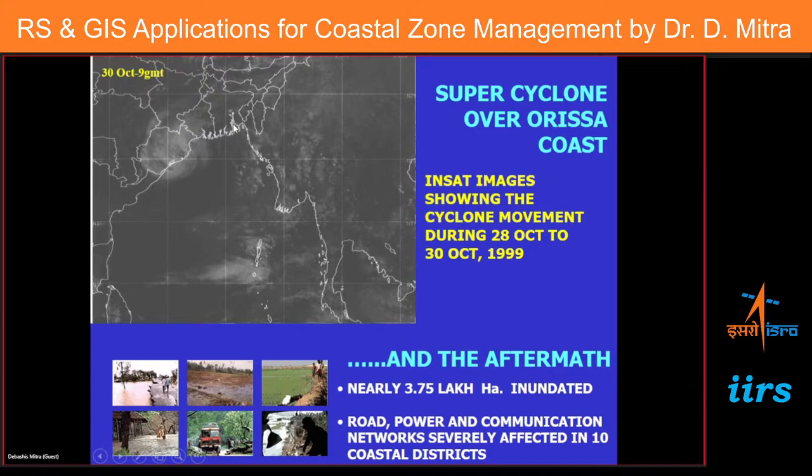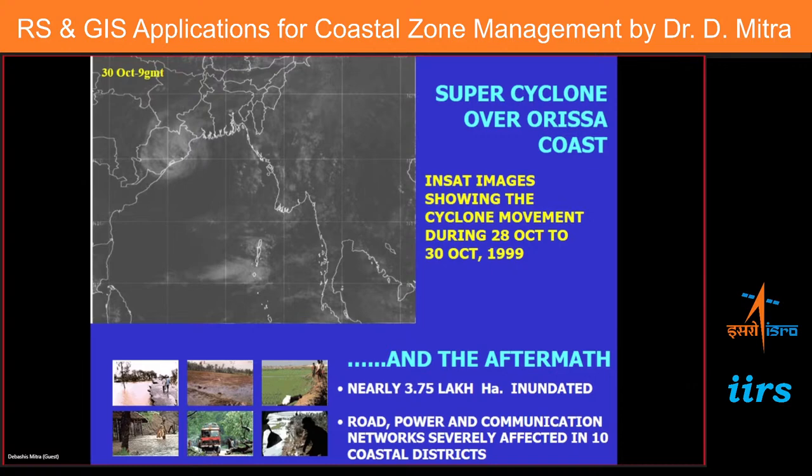But unfortunately, it didn't go anywhere. It remained and rotated within coastal Odisha during 29th to 30th October. That's why it got the tag of super cyclone, the last and most dangerous cyclone category.